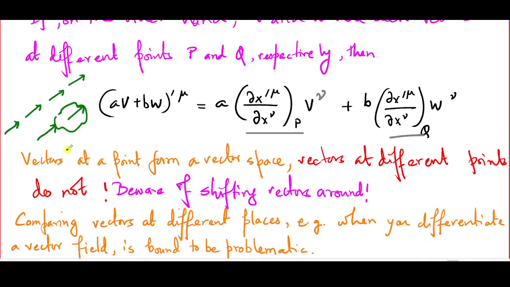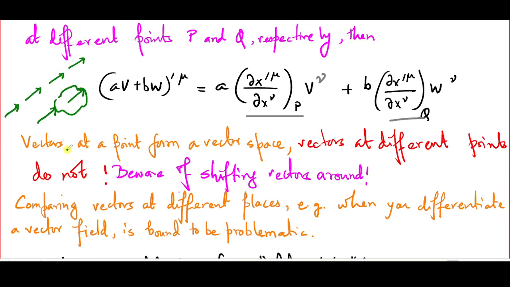One very important consequence of this is that you cannot really compare vectors at different places unless you have some additional structure in mind. So, for example, when you are differentiating a vector field, what you would do is compare the value of that vector field, which is a vector at a particular point, with the corresponding value at a neighboring point. And this comparison is fraught with danger unless you have a notion of how to transport a vector from one point to another without, quote-unquote, changing it.